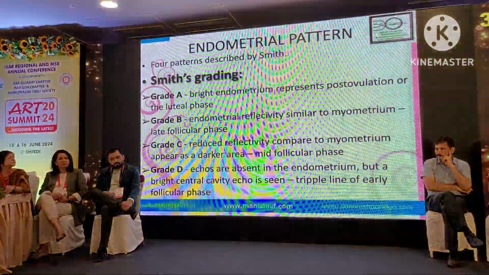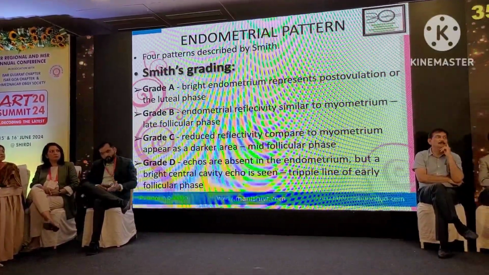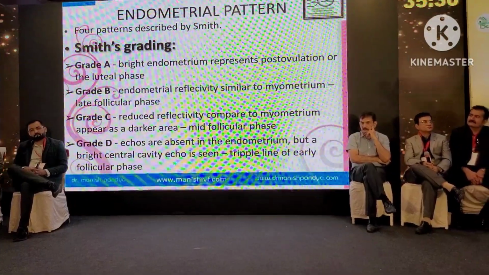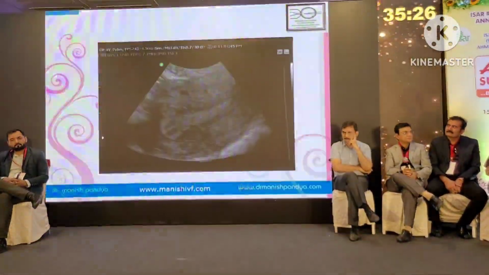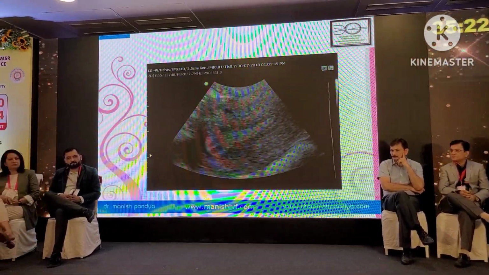Is there any endometrial pattern? Because the female has to be graded by one male, that is Smith, who graded the vascularity in different grades A, B, C, D. What I usually use is the Applebaum's criteria, which we have discussed some time back.